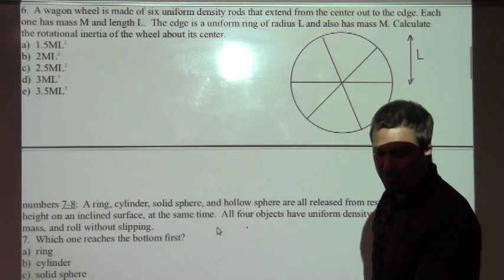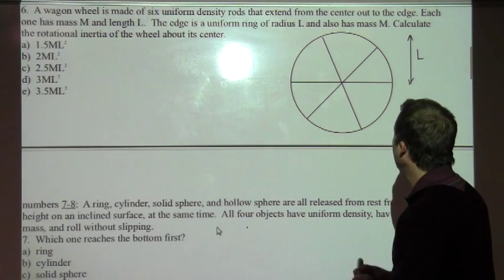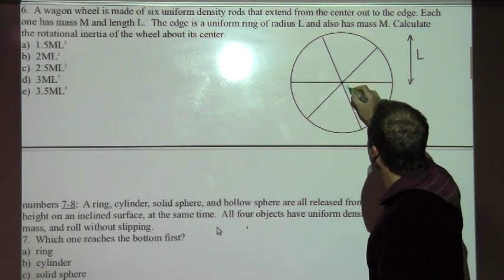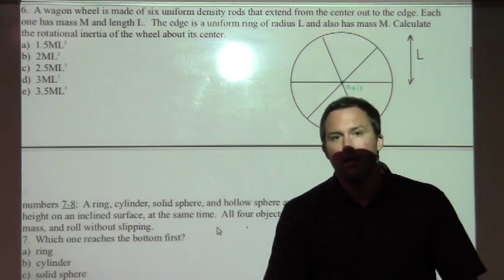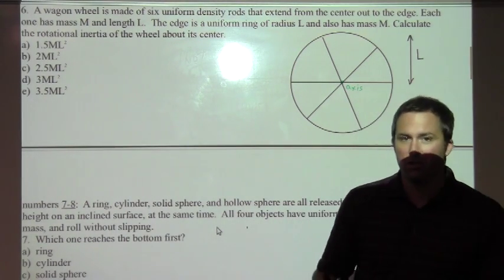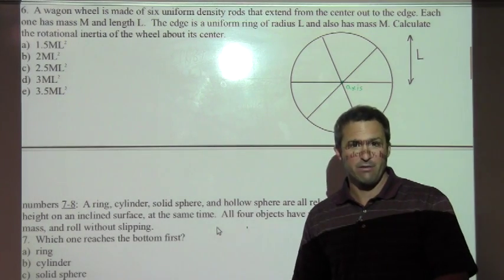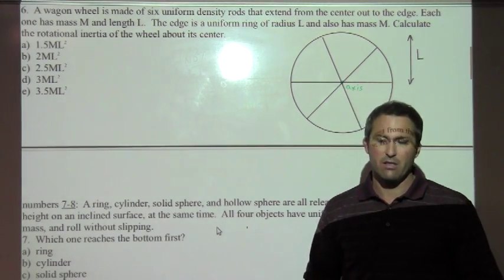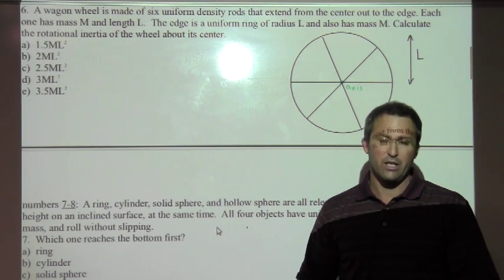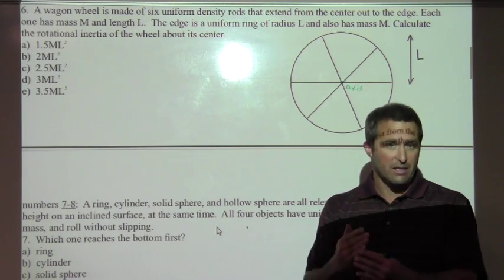And so we saw that key word before, about the center. That means that we're going to choose that as our axis point. And the nice thing about rotational inertia is it's just additive. If I can consider this to be seven separate pieces, I can find the rotational inertia of each of those 7 pieces and then just add them up.